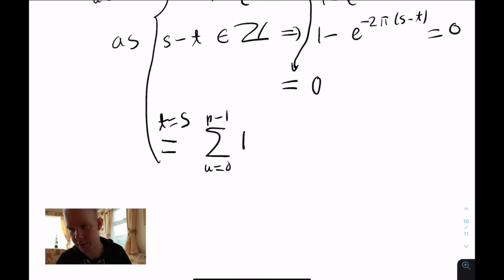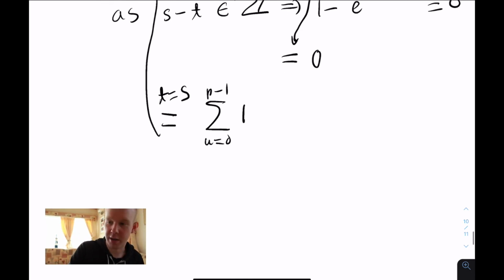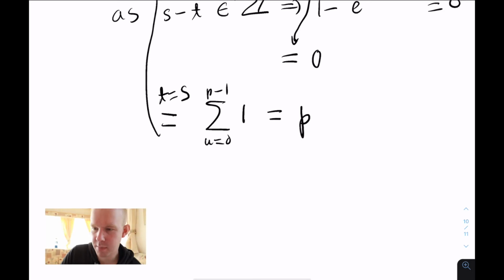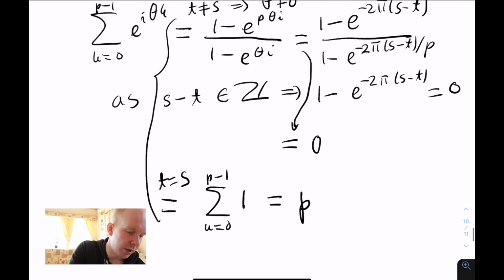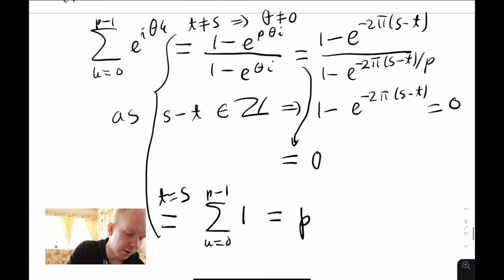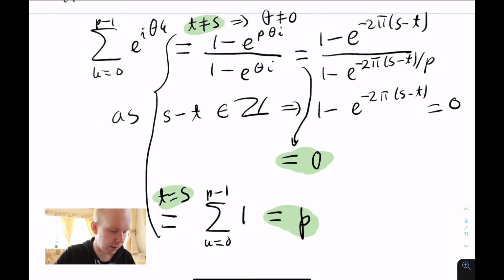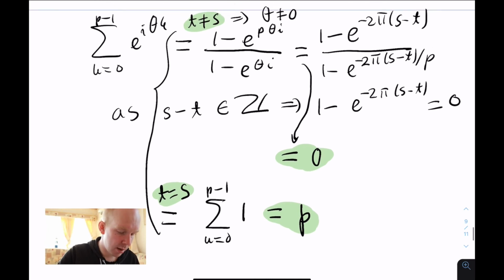That's the only thing that you get in the other situation, and that's equal to p. So basically we have two situations. We either have that it's equal to 0 or it's equal to p, depending on when t is equal to s and when t is not equal to s. So that's the two situations that you see here.